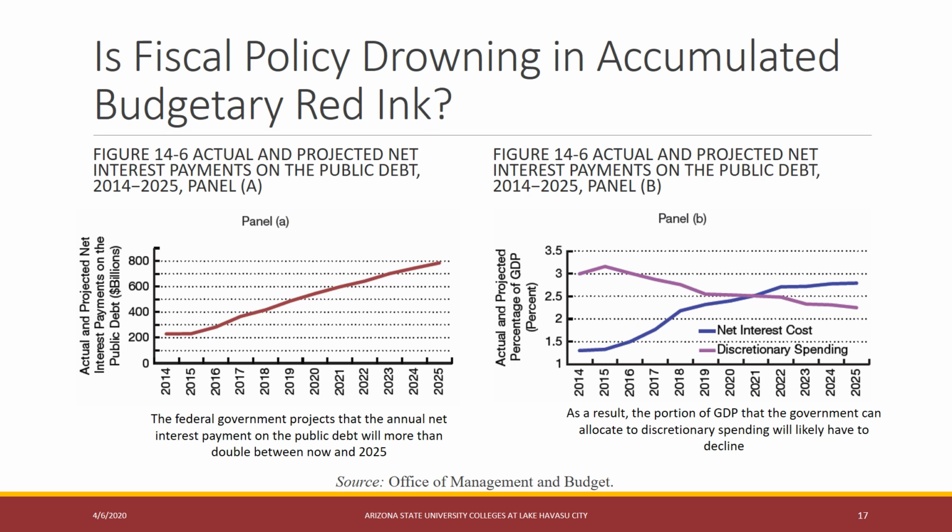So, is fiscal policy drowning in accumulated budgetary red ink? There are two figures, panel A and panel B, showing the actual and projected net interest payment on the public debt.